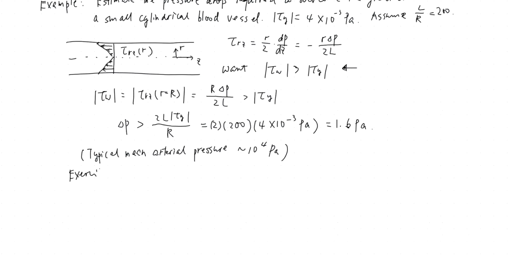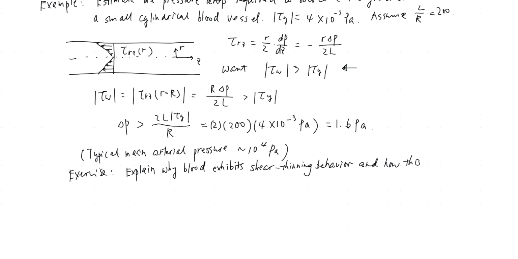The homework: explain why blood exhibits shear thinning behavior and how this is captured by the Casson model.